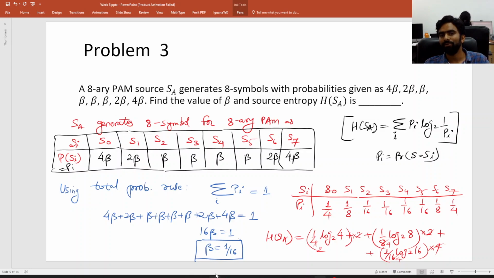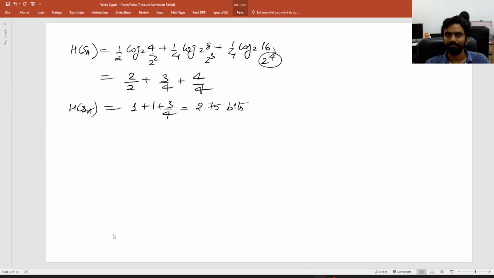But these are 8 symbols which have unequal probabilities, so we have to equate the sum with 1 and find the value of beta. Once we find the probabilities, we can easily calculate the source entropy. Clear? Any doubt in this one?